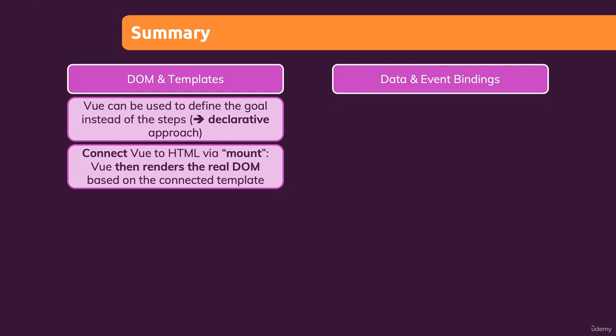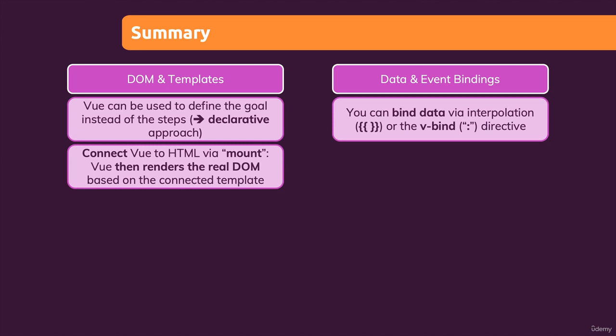You learned that data can be output in that template, so in the controlled HTML code, by using the double curly brace syntax for this interpolation syntax to just output some text, which might change over time in a certain place of the page, or with the v-bind directive to bind HTML attributes to some dynamic value.